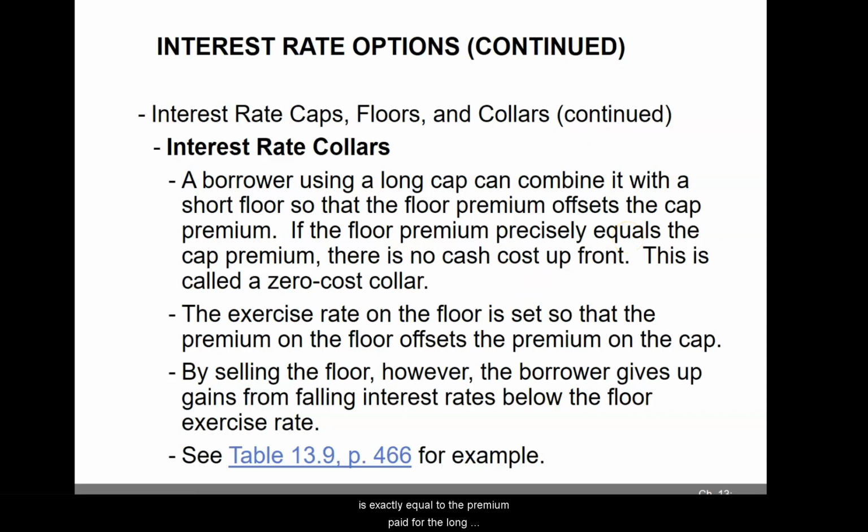This will require the floor to have an exercise rate such that the premium on the floor exactly equals the premium on the cap. By selling the floor, the borrower is giving up gains from falling interest rates below the floor exercise rate. Remember, the borrower here is worried about rising interest rates, so he is buying a long cap, but that may be expensive.